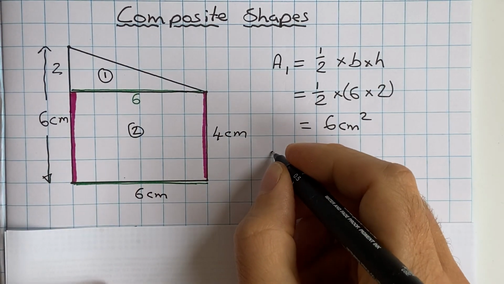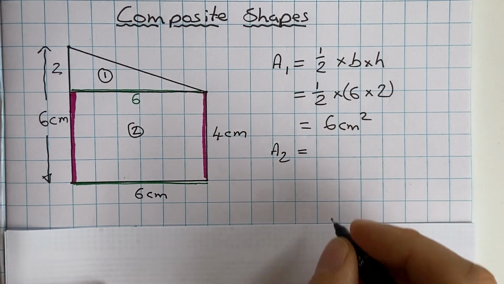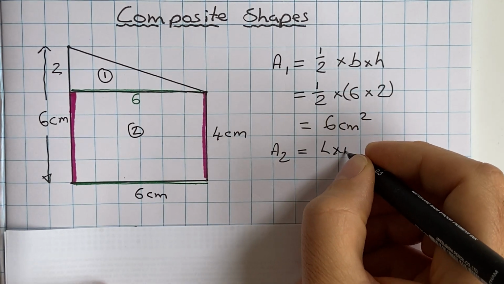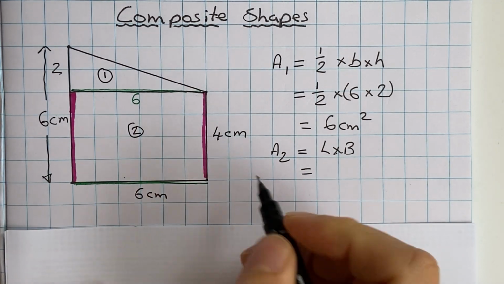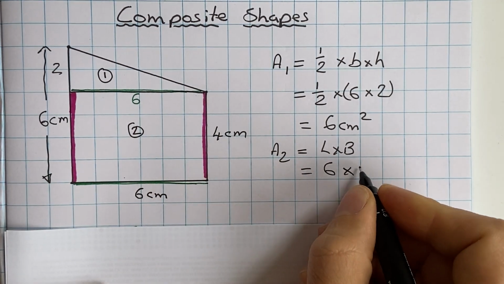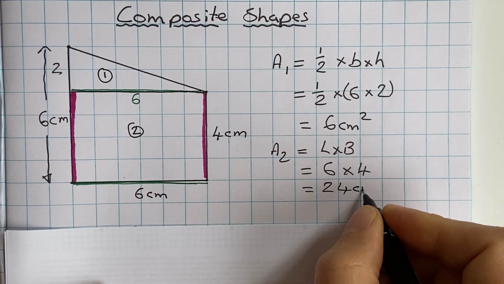For the rectangle, so area 2, I'll use area equals length times breadth, it doesn't matter what we call them, and then 6 by 4. So 6 times 4, 24 square centimetres.